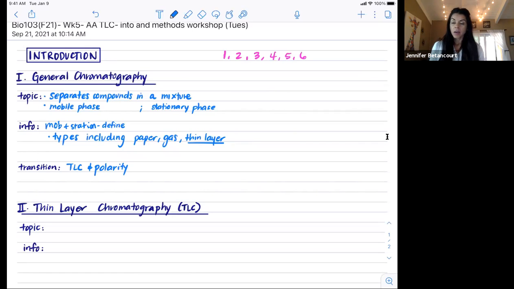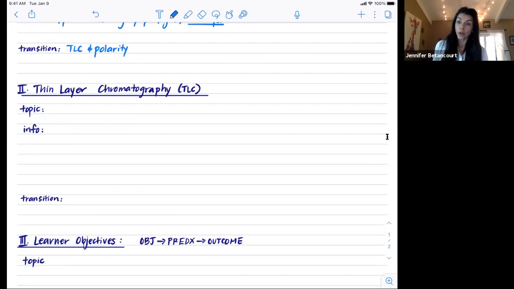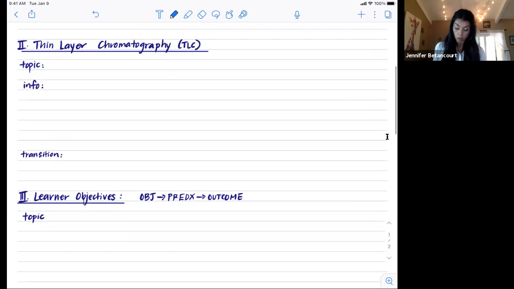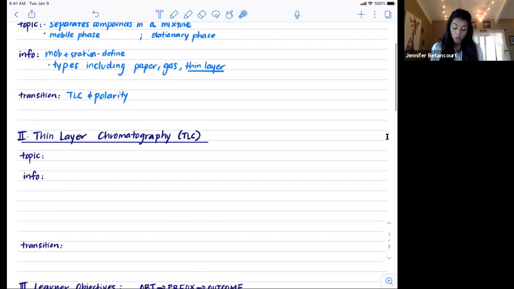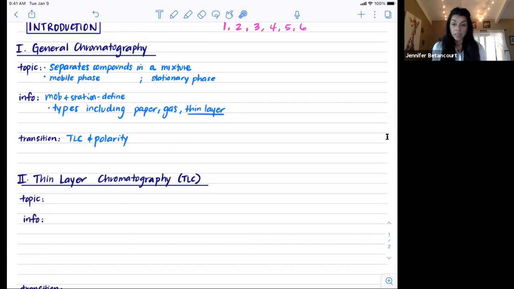So maybe you want to start with TLC will be used to investigate the polarity of certain compounds, but that takes you out of order because you are not talking about that until the very end. So you can say something about the different types.